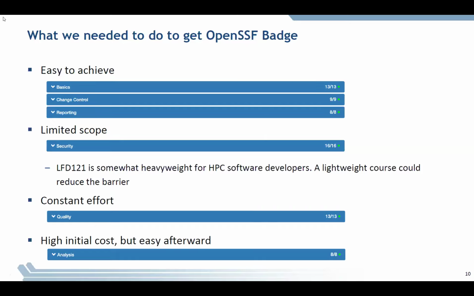I would hope there are more lightweight courses tailored towards HPC software, which would significantly reduce the barrier of getting the badge and help promote software safety and security practices to more HPC software.